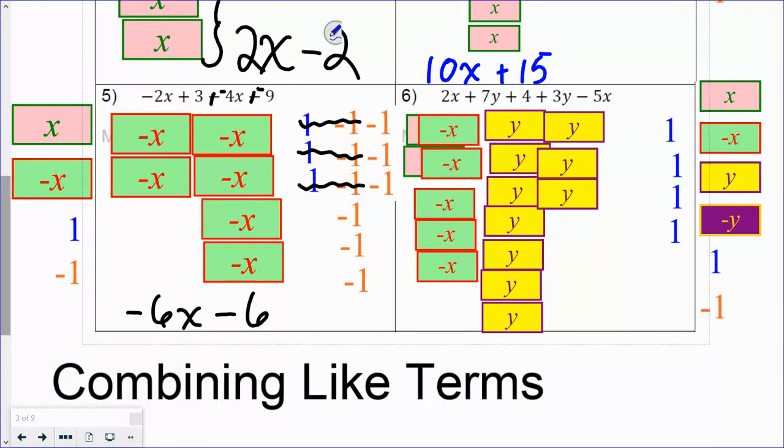Okay? So then those cancel. So I have a negative 3x plus a 10y, like having 10 yo-yos, plus 4. See how we took such a large expression to a smaller version of itself?